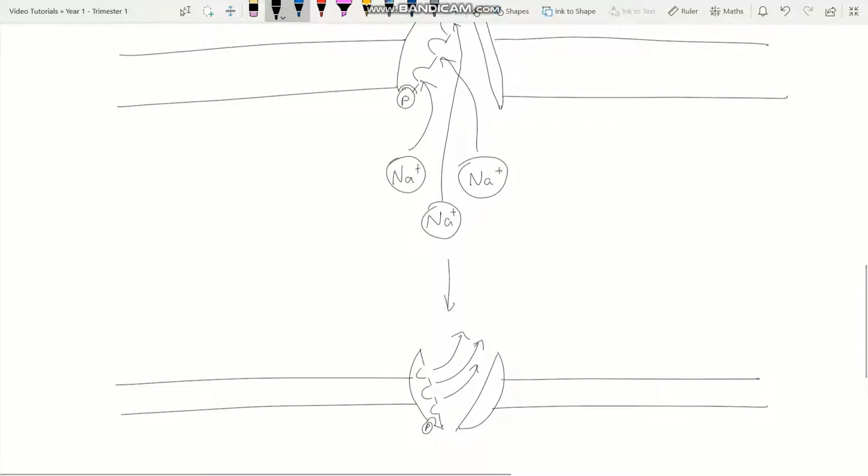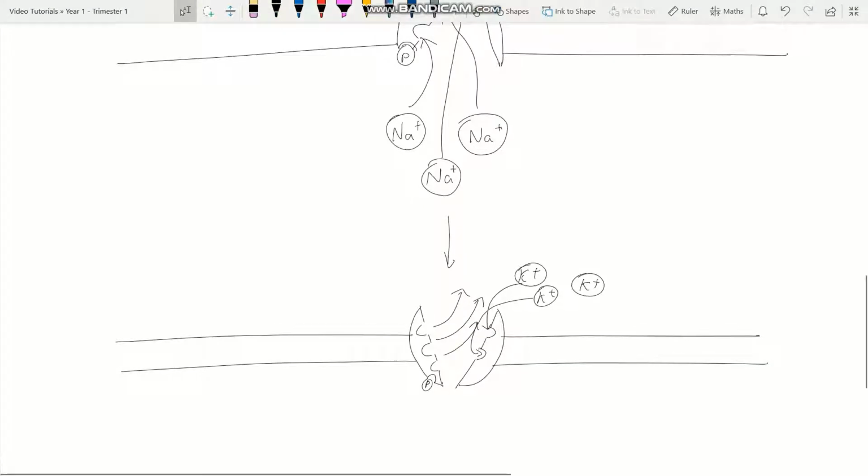And as you may know, on the outside of the cell, there are many potassium molecules present. And these potassium molecules are able to bind to their sites, of which there are 2 on a sodium-potassium transporter.